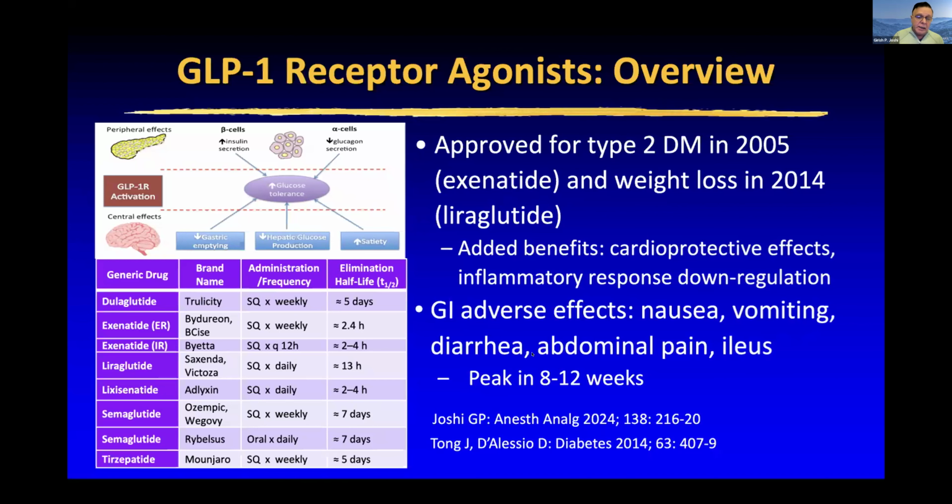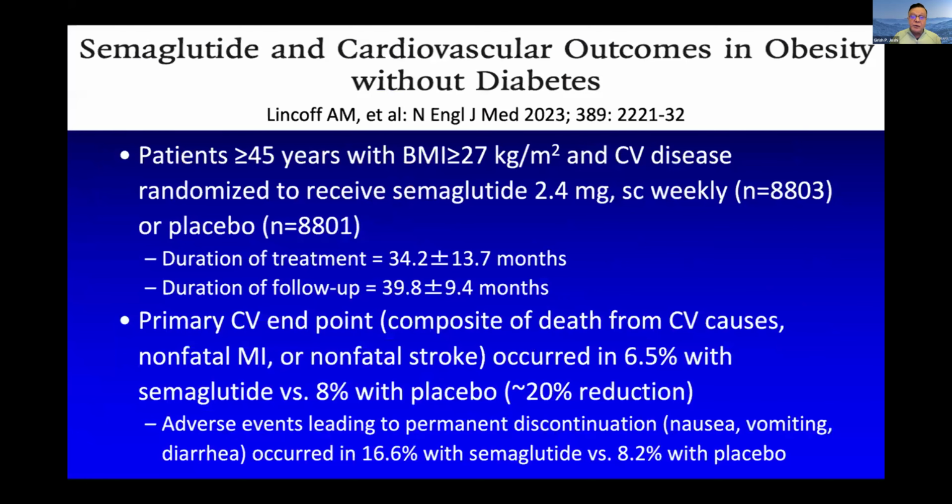There are many different types of drugs, or the brand names you see here, and its use has significantly increased in recent years and will further increase based on this study, and there are similar large studies that have shown that use of the GLP-1 agonists improves patients' cardiac status, in the sense decreases cardiac complications.